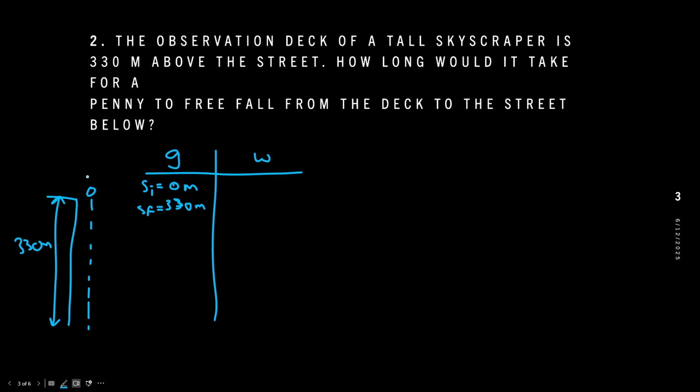It's not distance. So it would make sense if it's displacement, since you can't travel 330 meters down for a distance. So then it starts at rest, so V_I equals 0 meters per second. And then the acceleration due to gravity would be 9.8 meters per second squared. And what we need to find is the time.